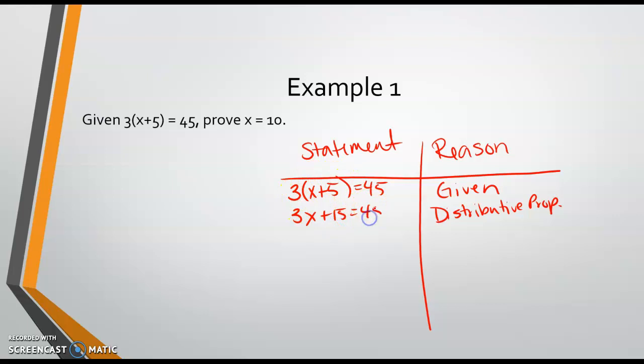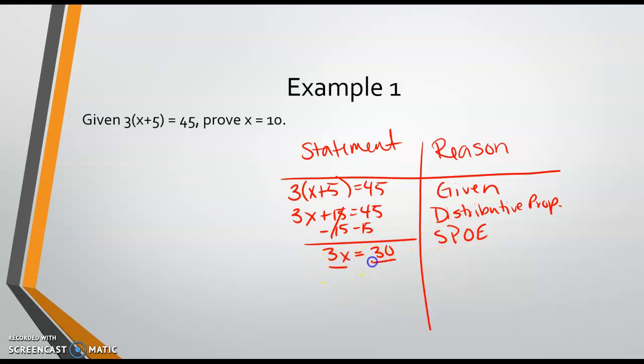That equals 45. Now, from here, I'm using my subtraction property of equality. And so I'm going to subtract 15 from both sides. And so now I have 3x equals 30. And again, that was from subtraction property of equality.